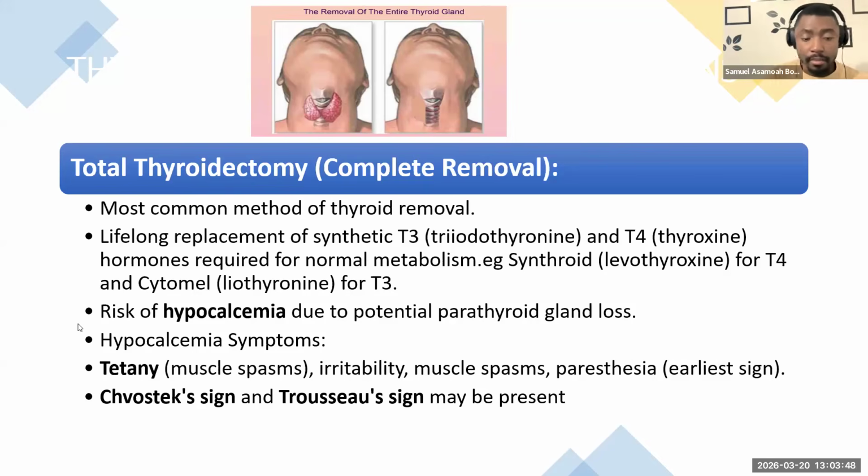Okay. Chvostek sign is when you stroke the cheek and the face is thrown into spasms. And then for Trousseau, can somebody who hasn't said it before repeat after me? Trousseau. As we are joking with it, we will move forward. When you see it, you see it, but you don't know how to pronounce it.